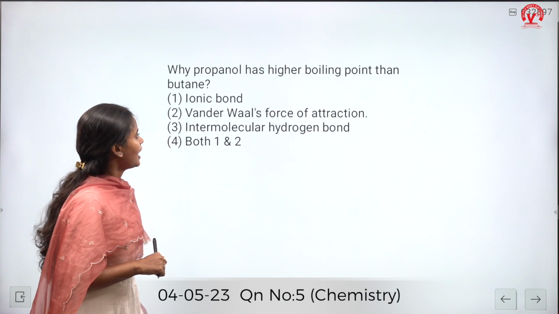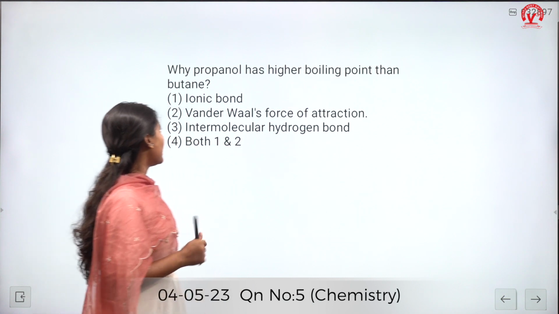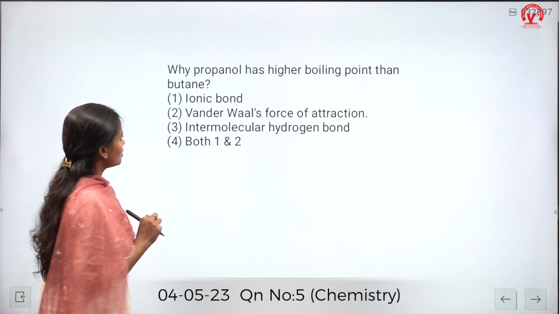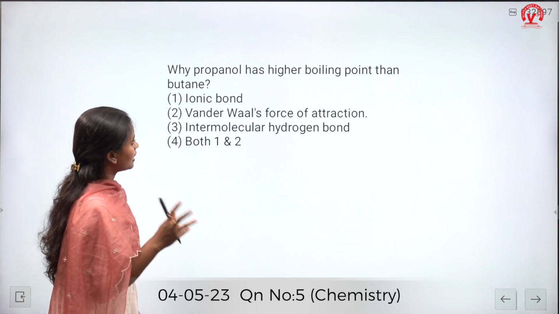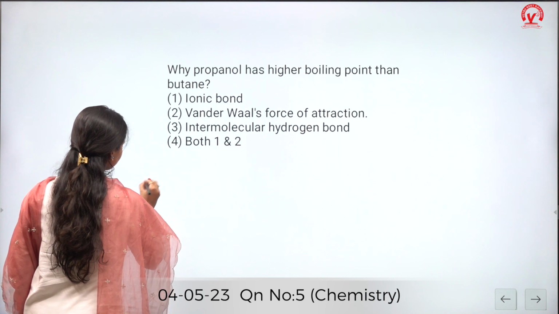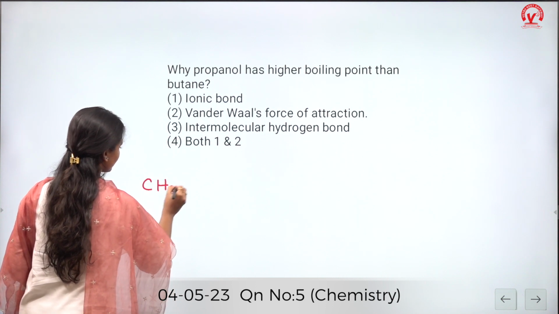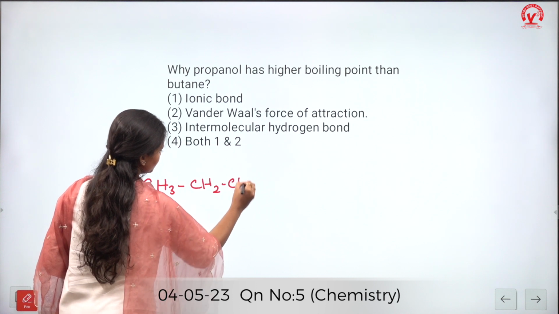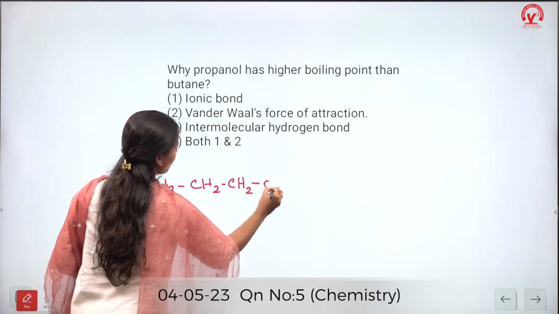Why does propanol have a higher boiling point than butane? First we have to write the formula for propanol and butane. Propanol is CH3, CH2, CH2, OH.